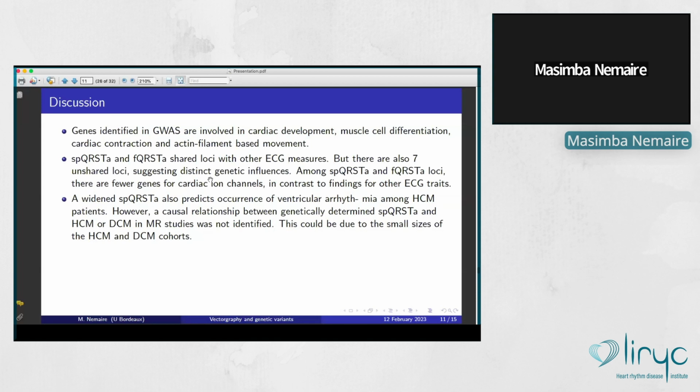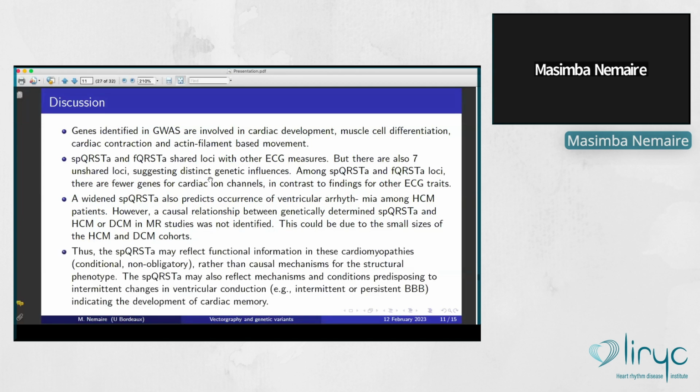So they also noted that maybe the widening of this angle might just reflect some intermittent ventricular changes in conduction, but these might not be changes that are obligatory or conditional to these cardiomyopathies.